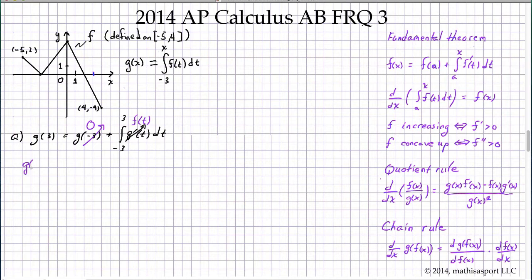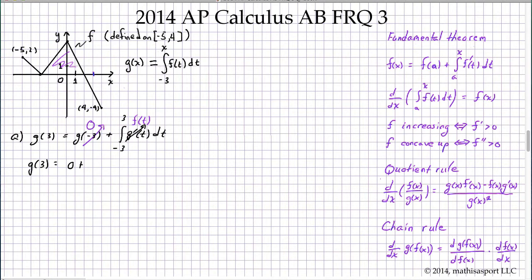We've got g of 3 is 0 plus, now how do we find this signed area? We're going to go from negative 3 to 2, and that will incorporate the area of this region here, this triangle.